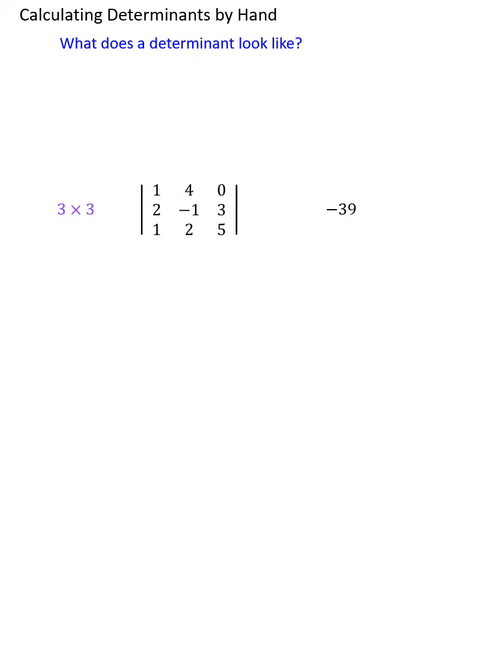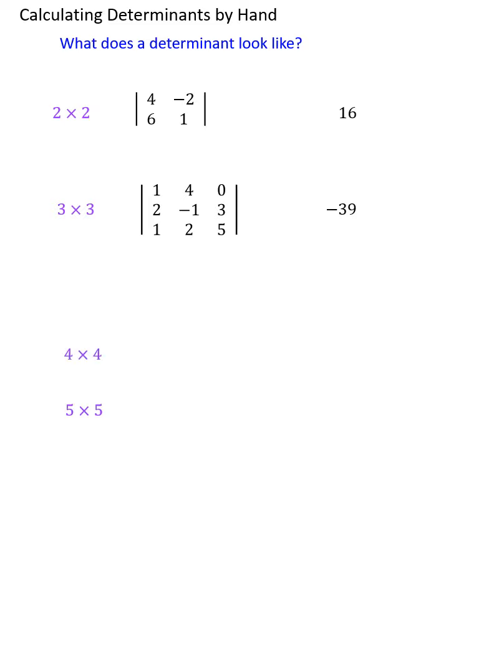We call this determinant a 3x3 because it has 3 rows and 3 columns. Here's another determinant, which we would call a 2x2 because it has 2 rows and 2 columns. And that determinant has a value of 16. I'll show you in this video how we figure that. Determinants can be larger.